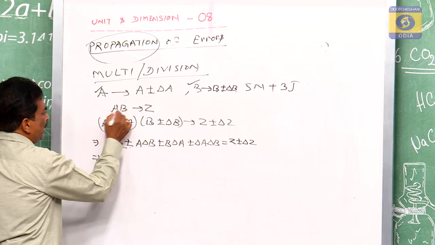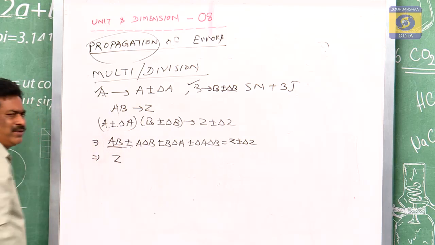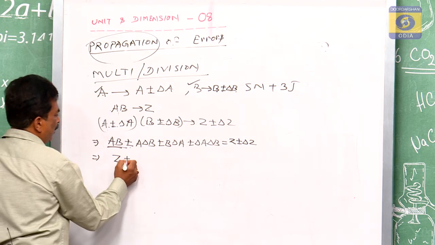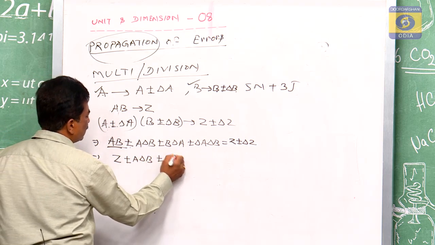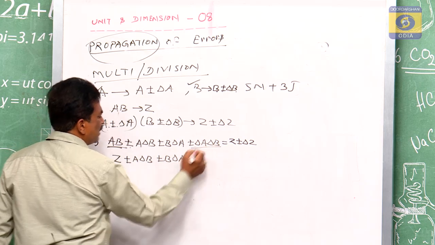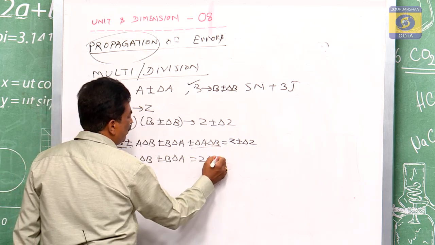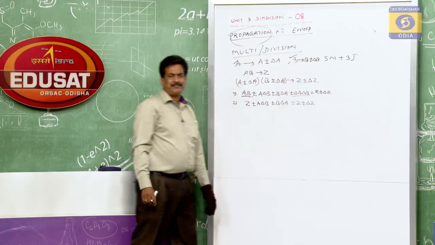But what is AB? AB is the real value of Z. Then plus or minus A del B plus or minus B del A is equal to Z plus or minus del Z.